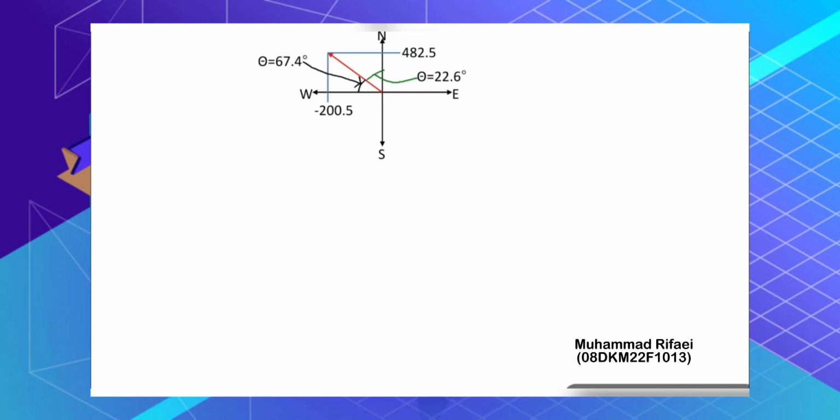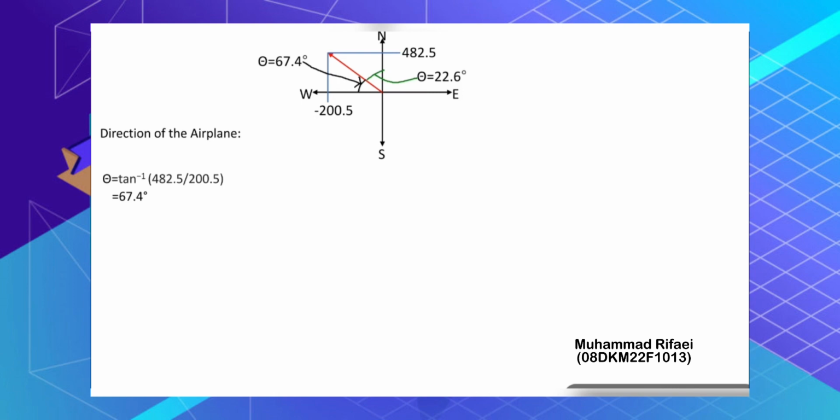Okay, now that we have the vertical and horizontal components for the vector of the resultant speed, we can illustrate them using this diagram. And so now we need to calculate the direction of the airplane. To calculate the direction, we use the inverse of tangent of 482.5 divided by 200.5, and then we got 67.4 degrees.